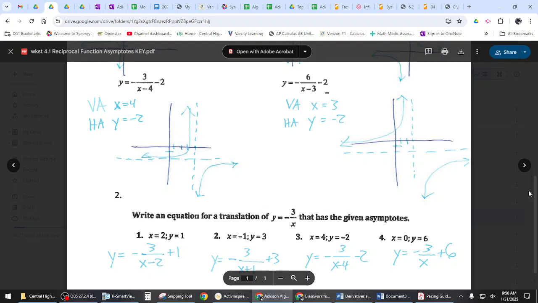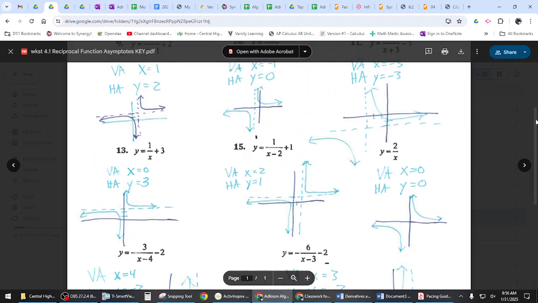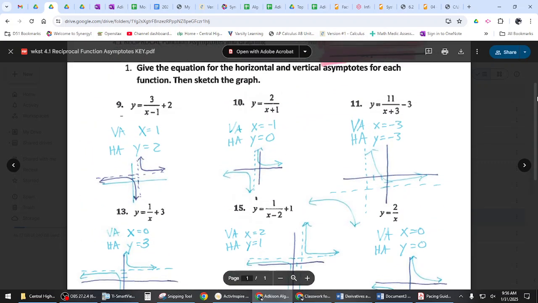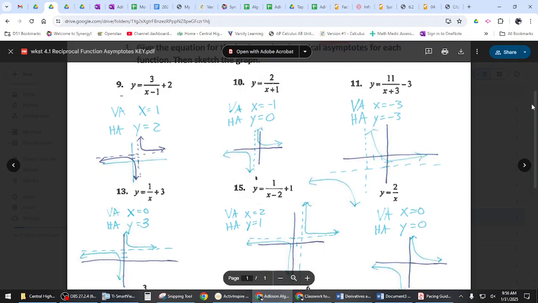What if it is one? No, what if what? If A is less than or equal to, or less than or more than one, like what happens if it is one? Oh. Do we have any like that? 13. This is what you're asking about, right? Okay.